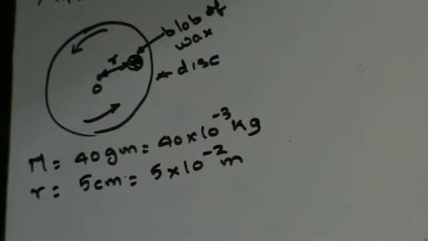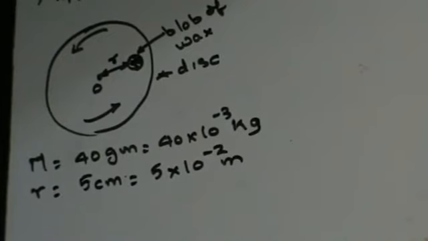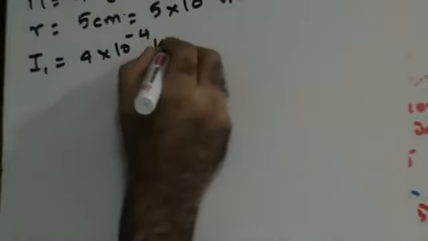If the moment of inertia of the disc about the given axis is 4 into 10 raised to minus 4 kg meter square, find the new frequency of rotation.